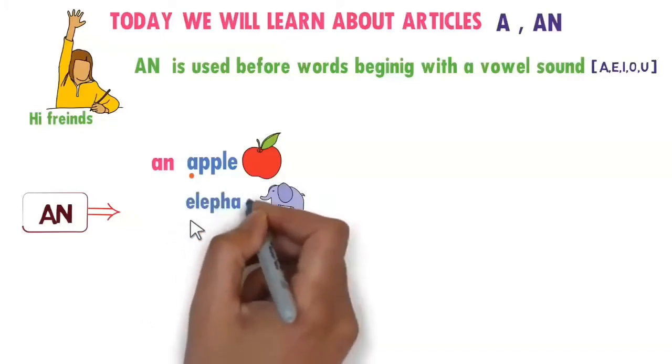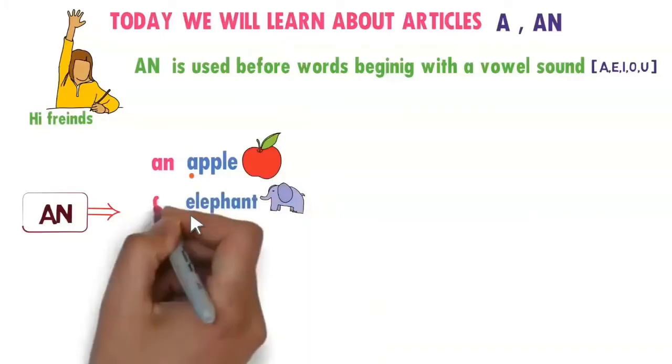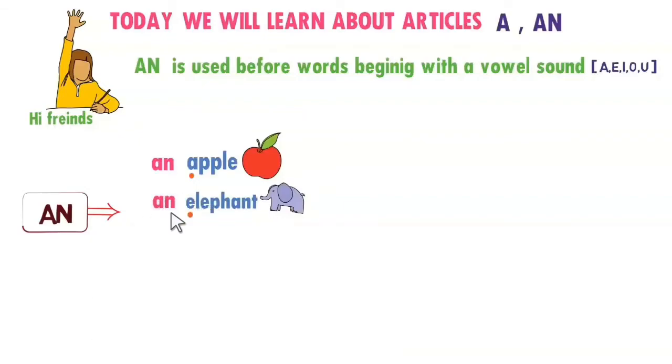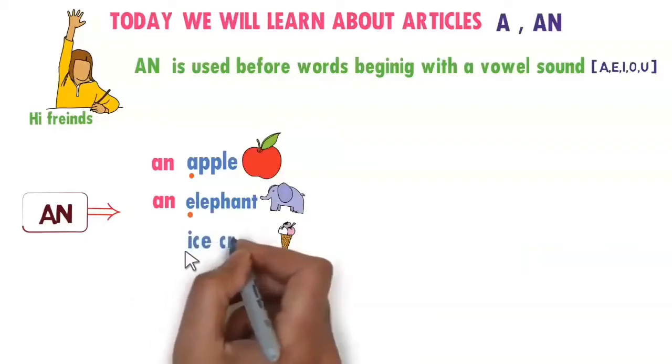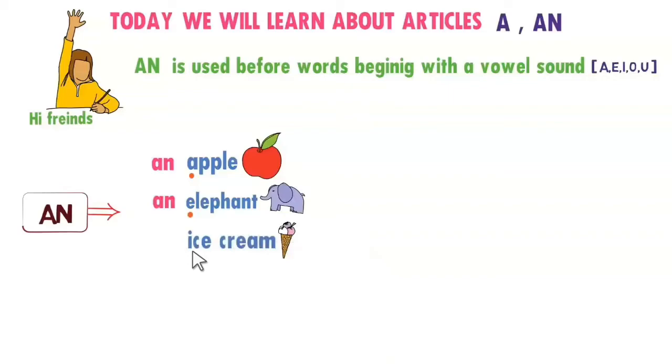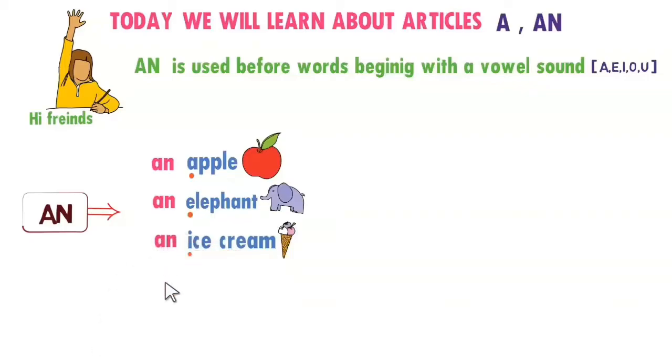Elephant की spelling starting with E. Yes, sound of vowel. So we will use an. Ice cream. Ice cream starts with I. So this is also the sound of vowel. So which article will be used here? An.